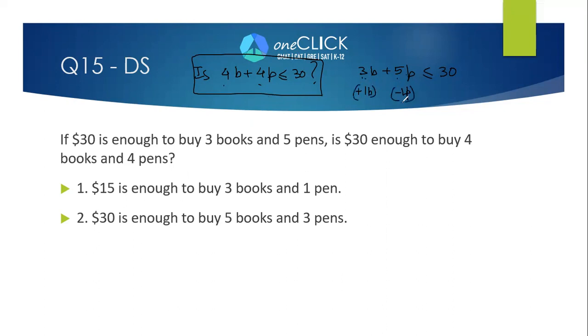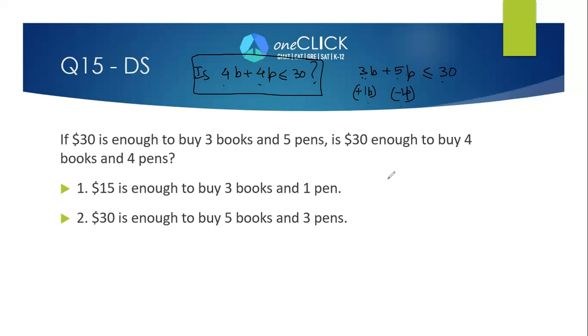And you are asking me that after doing this, will it remain less than 30? So maybe this is, let's say, 29. After doing this, it becomes 28. After doing this, it becomes 29.5. So whether that is possible or not, this is what the question is.